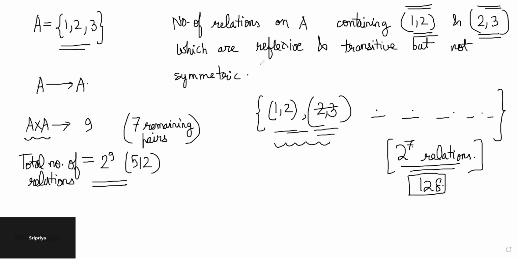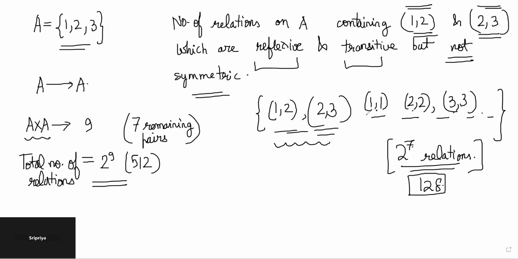And out of this, we have to select reflexive and transitive, but not symmetric. First of all, they are reflexive. If they are reflexive, which pairs are guaranteed to occur? 1 comma 1, 2 comma 2, and 3 comma 3. So automatically, three more pairs have been put in, and a total of five pairs are already done.